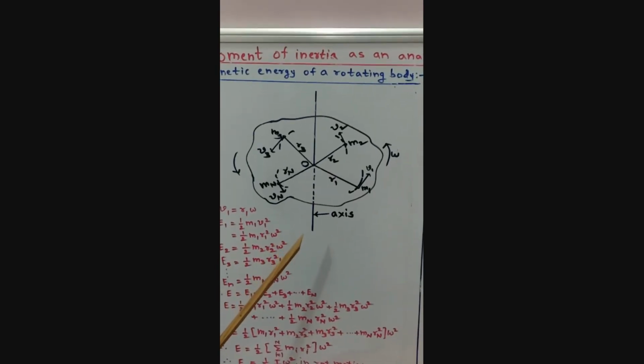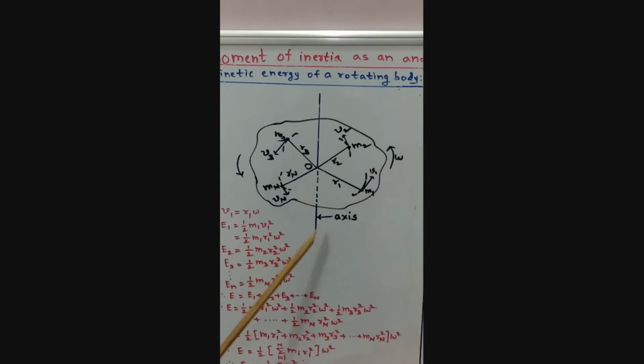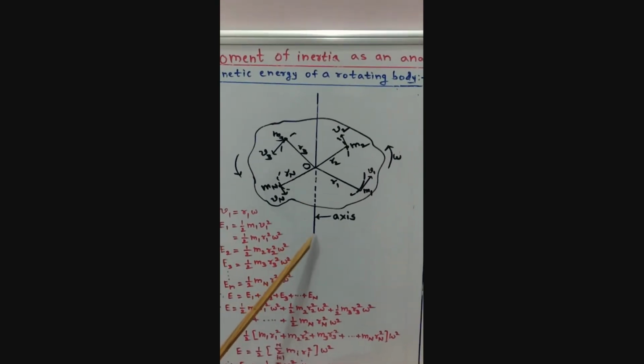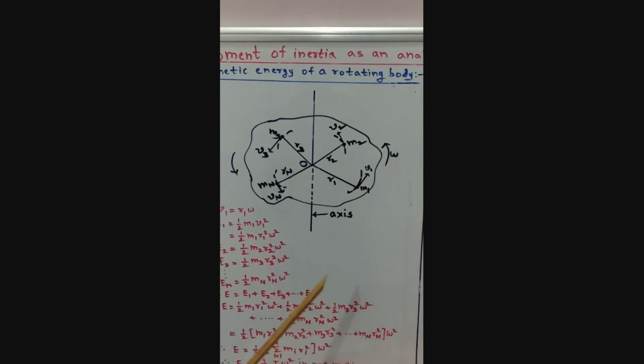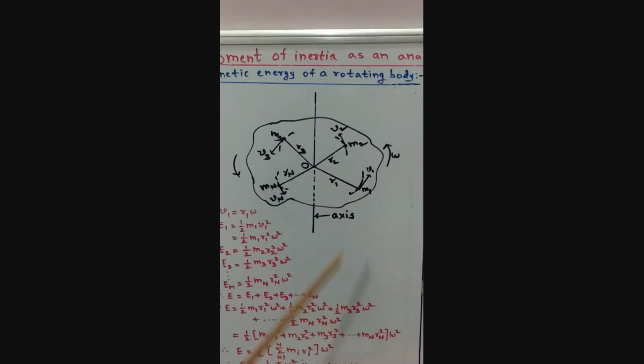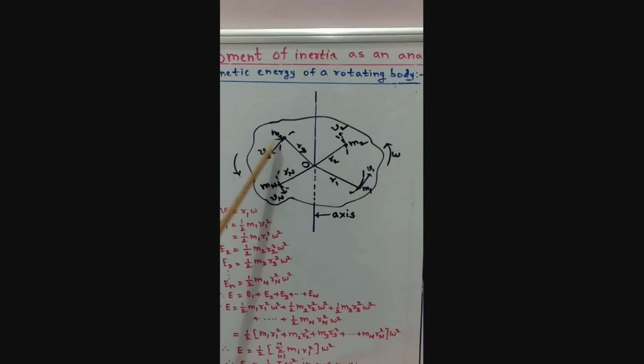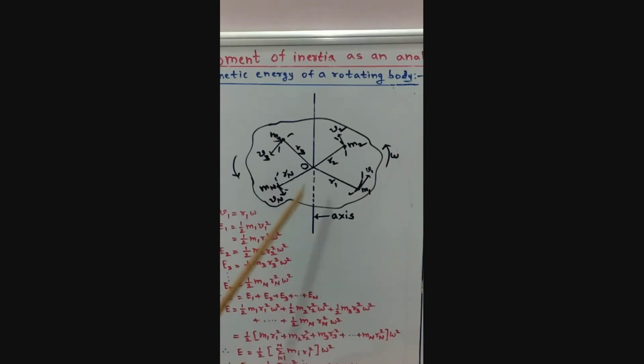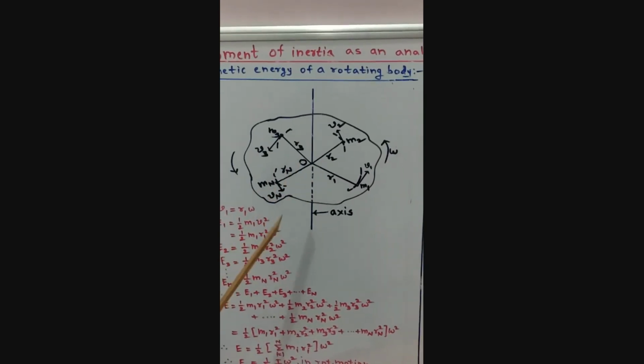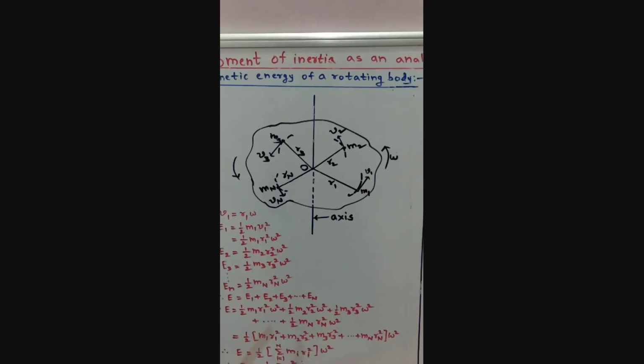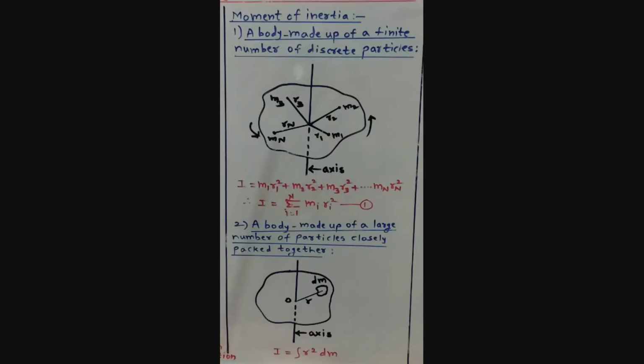Moment of inertia of a body about a given axis of rotation is defined as the sum of products of mass of each particle and the square of its distance from the axis of rotation.